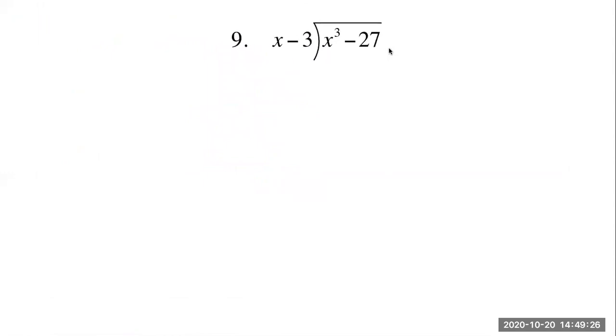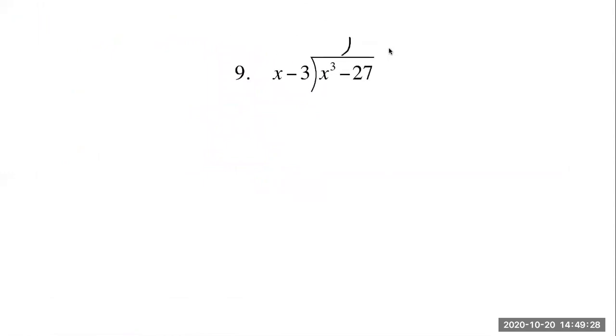Number 9, we have something times x to get x cubed. So what should we do? If you're struggling with that, basically you're doing x cubed divided by x, and that will tell you what you need to include in that circle right there. That circle would be x squared. Then we distribute that x squared to both of these terms.